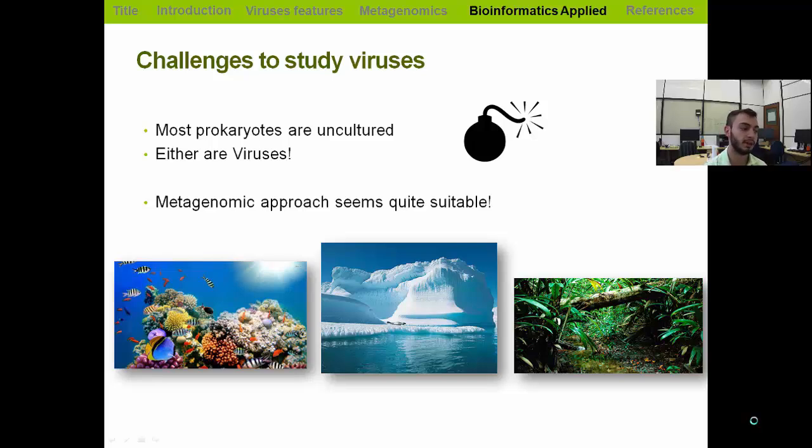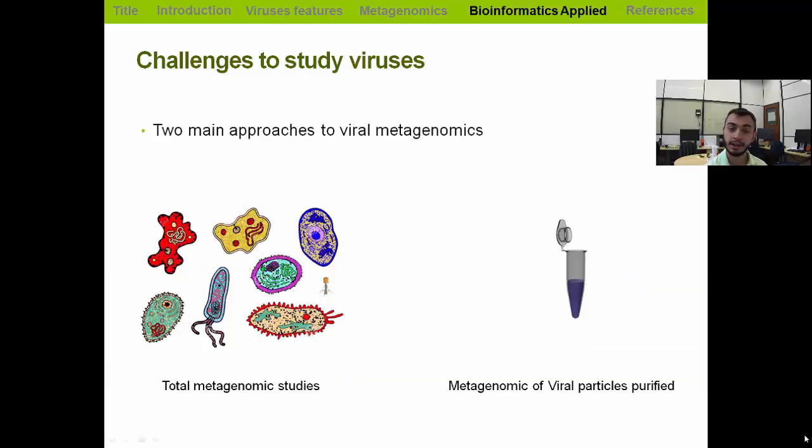You can do metagenomics from a reef, from ice in the North Pole, from a forest in the Amazon, and study all the viruses in these environments. There are two ways to assess viral diversity through metagenomics.